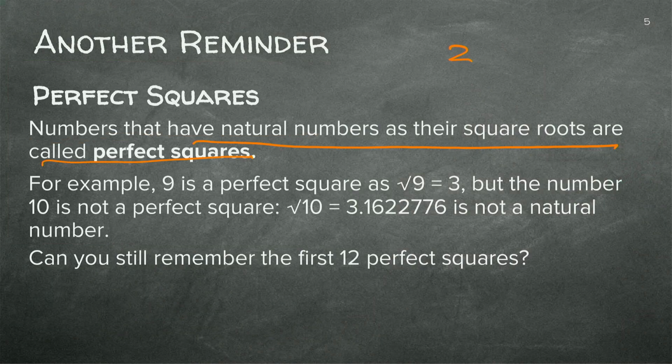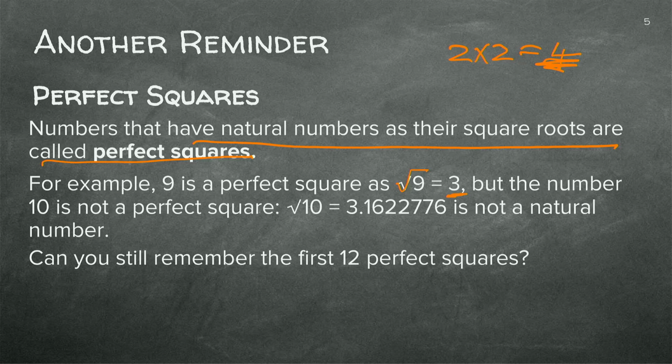Let's say 2 times 2 equals 4. A perfect square, that is a natural number. For example, 9. 9 is a perfect square. And if you do the root, you see this, the root of 9 is also 3.